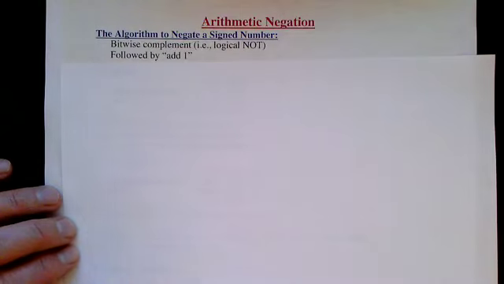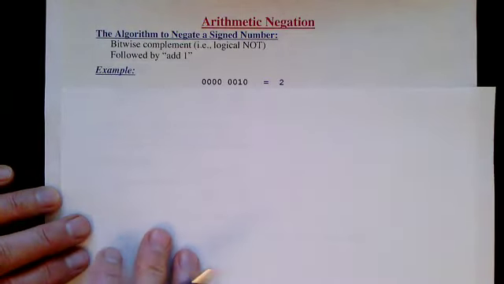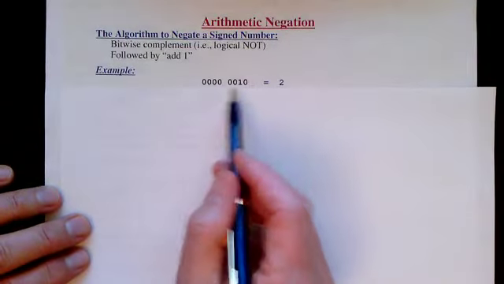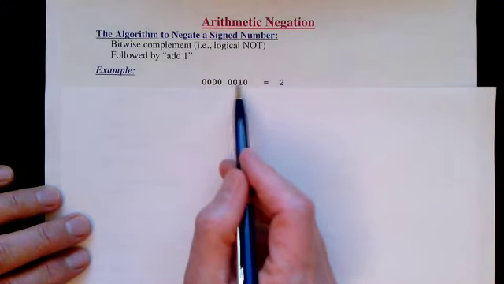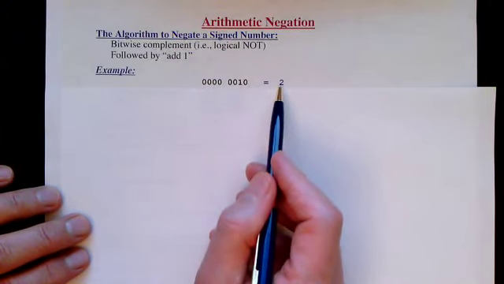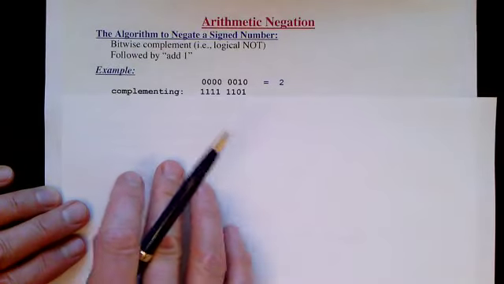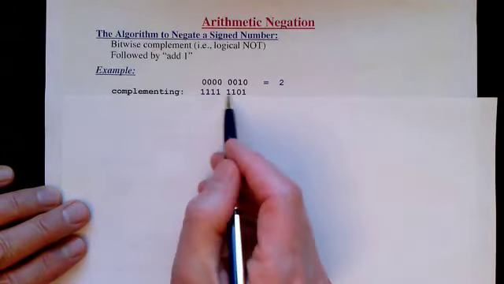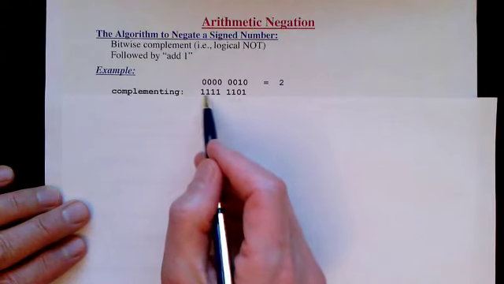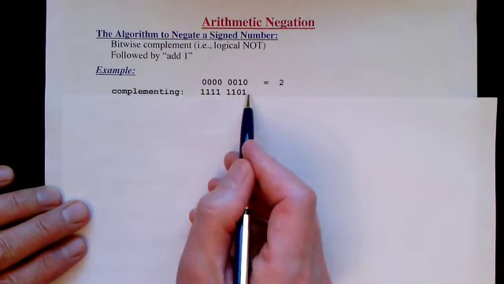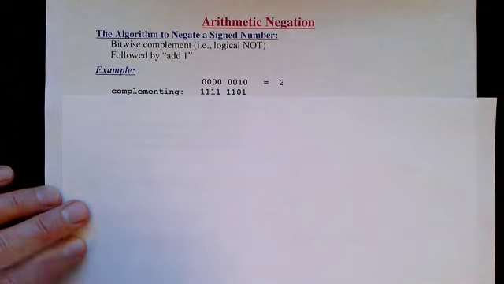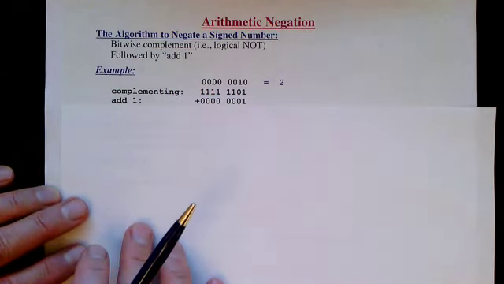So let's work through an example here. Let's start with the number 00000010, which is the number 2. So the first thing we do is we complement the number. In other words, we flip the bits. Okay? And then we add 1.